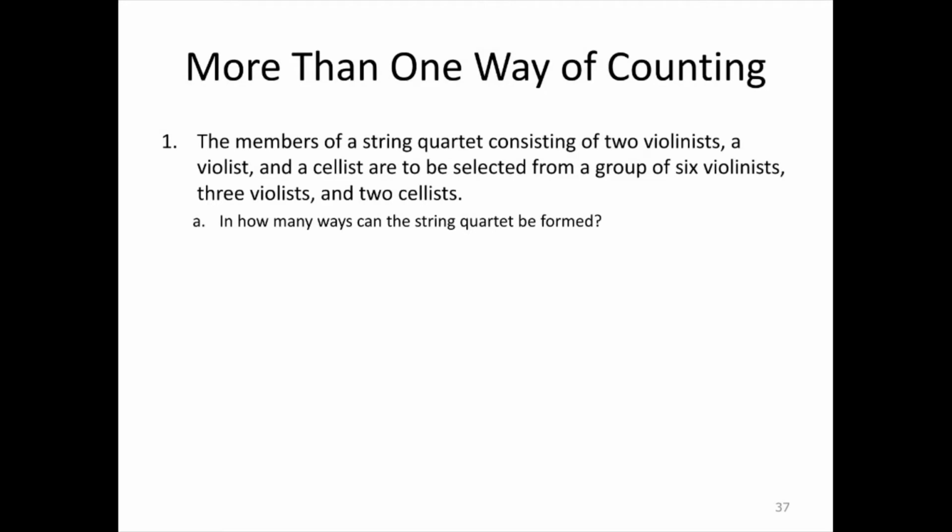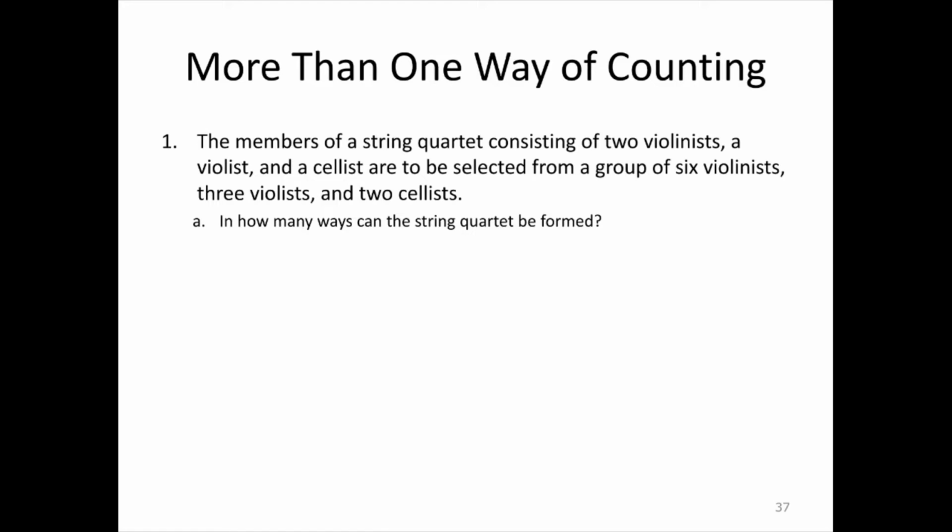Okay, so here we have a string quartet consisting of 2 violinists, a violist, and a cellist, and this quartet will be selected from a group of 6 violinists, 3 violists, and 2 cellists. So in how many ways can the string quartet be formed, right? Okay. So first of all, of course, we have to choose the violinists. To choose the violinists, we choose from 6, and then we choose only 2, right?